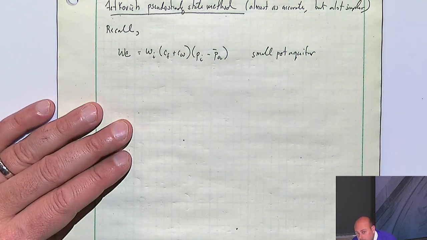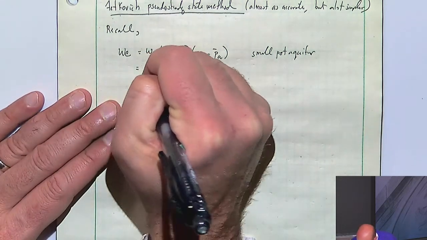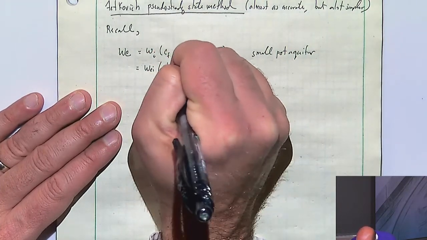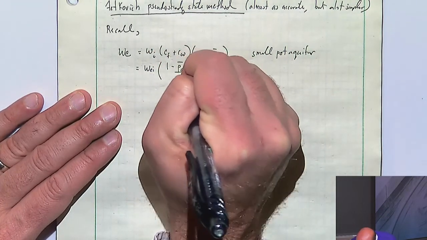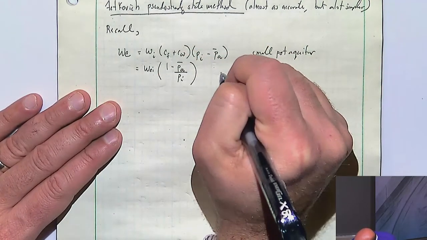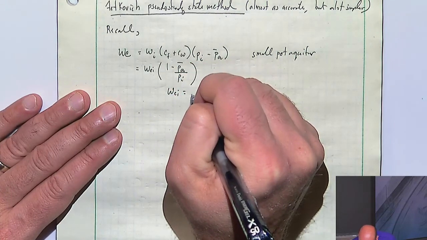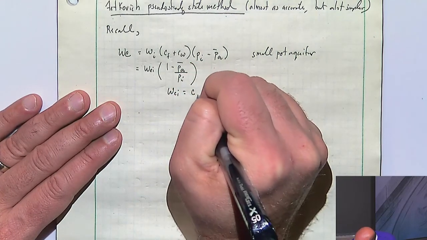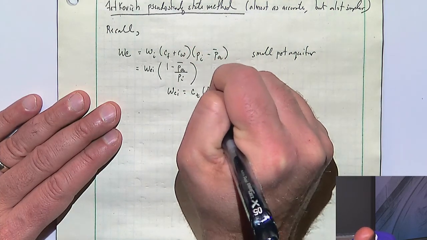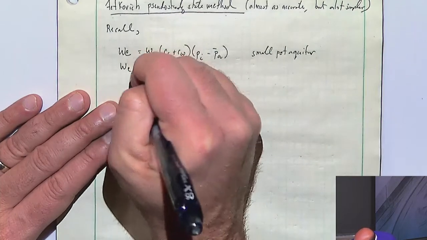If we wanted it at less time, then this might not be accurate. I can also write this as WEI times 1 minus PA bar divided by PI, where WEI is CT, which is CF plus CW, times WI times the initial pressure.